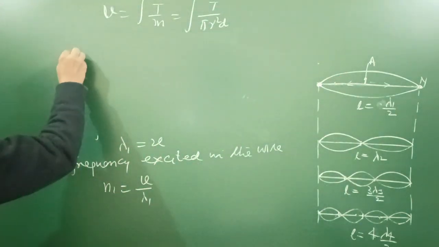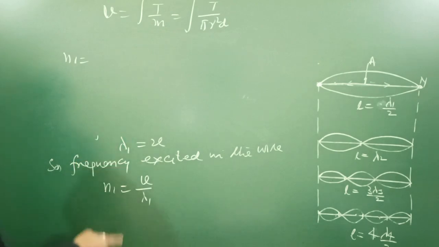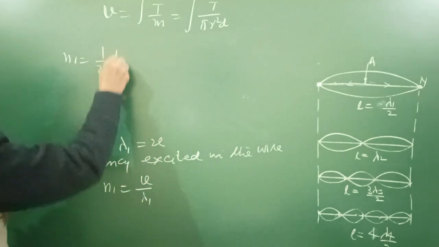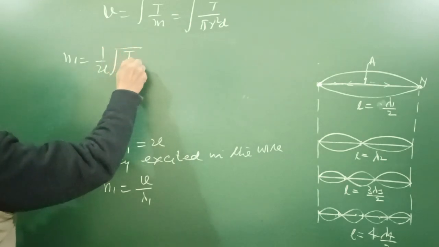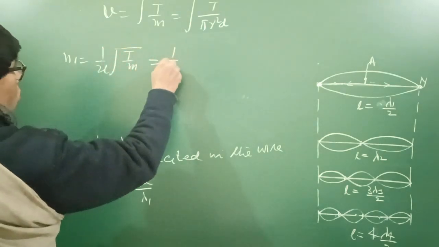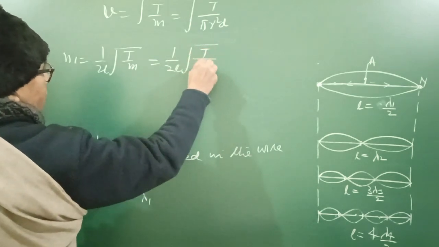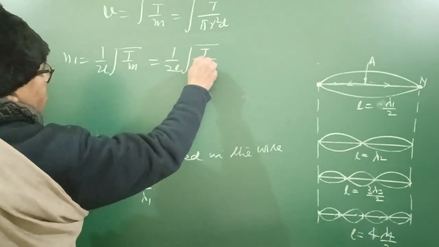So N1 is equal to 1 upon 2L under root T upon M, or equal to 1 upon 2L under root T upon pi r square D.